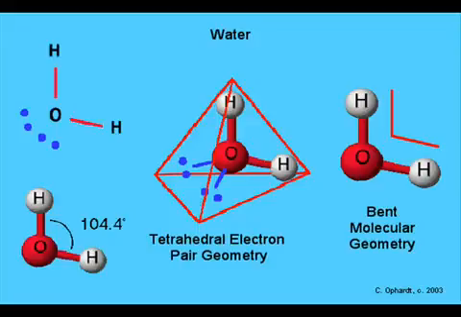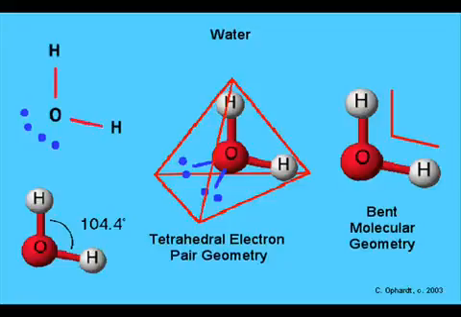Those lone pairs are forcing the other 2 atoms down to make this bent shape. Molecular-wise, it looks kind of like it's linear. You only have 2 things bonded to the central atom. But in reality, the electron geometry for a bent shape is tetrahedral, because you have 4 things around it: 2 lone pairs and 2 atoms.